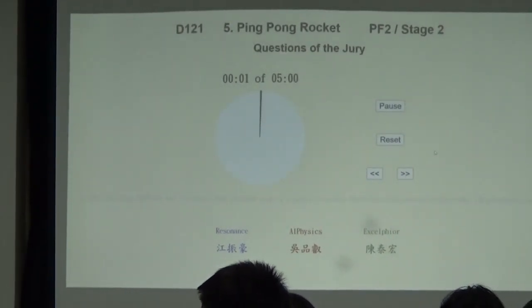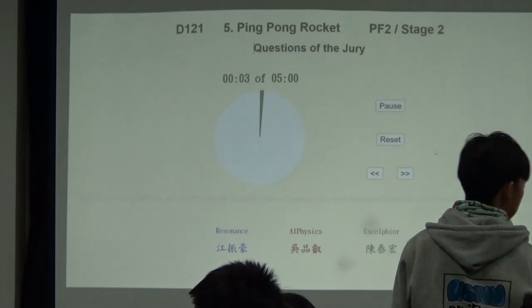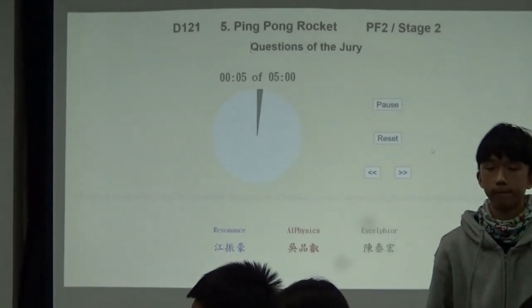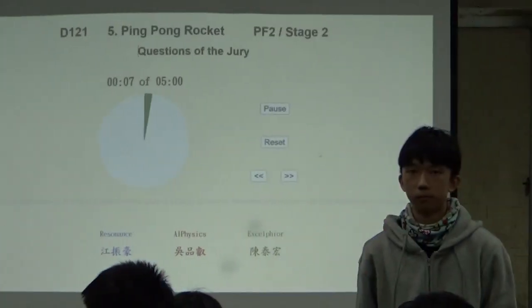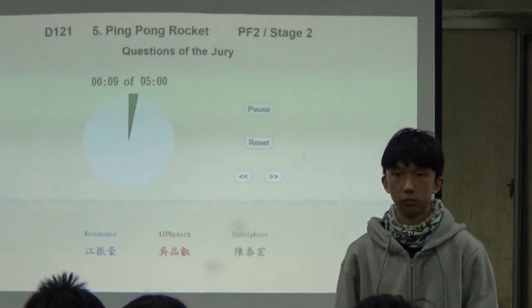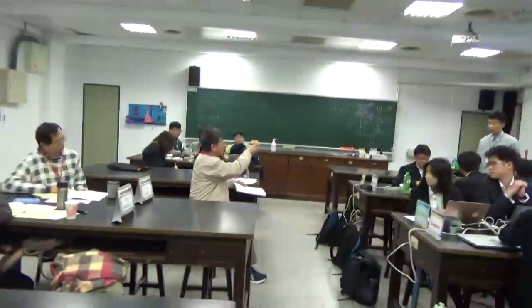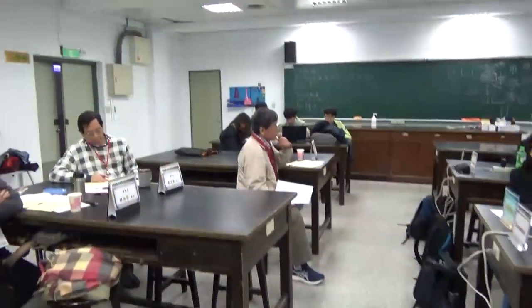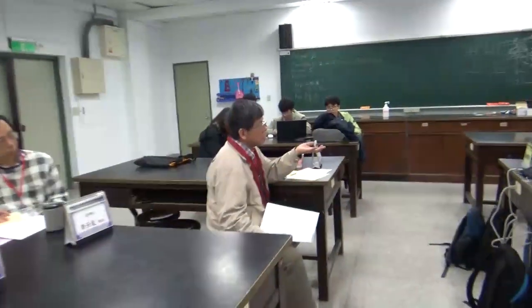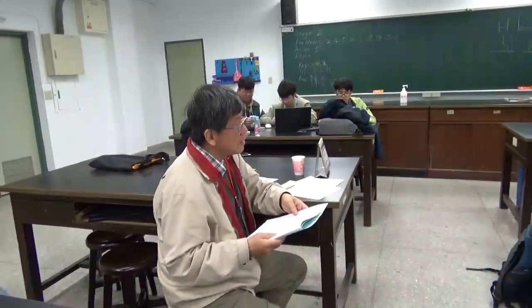Okay. Questions from the jury. Professor Lee: The problem is wanting to make a maximum height of the ball. Mention the strategy to reach such a goal.